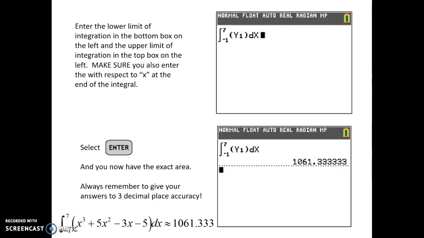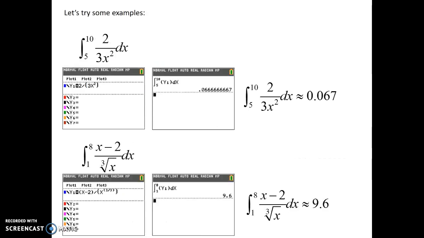I've got some more here that we can practice. Here's another one. It can get tricky depending on what your function looks like to actually enter that function into y1. If you have things that are in the denominator of a fraction, make sure you put parentheses around those. Here's the integral from 5 up to 10 of 2 over the quantity 3x squared with respect to x.